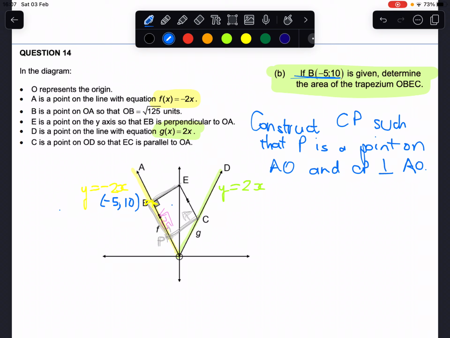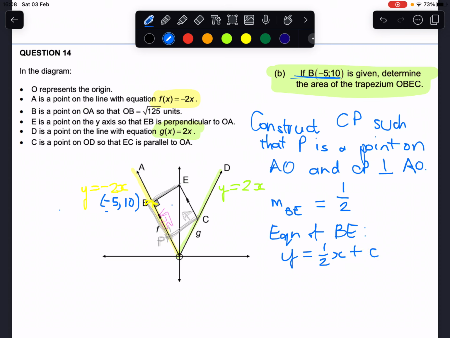So let's start by trying to find the equation of BE, because we know that the gradient of BE is going to be the negated reciprocal of the gradient of this guy, because they're perpendicular. And because the gradient here is -2, the gradient of BE will be positive 1/2. So the equation of BE is going to look something like y = 1/2 x + c.